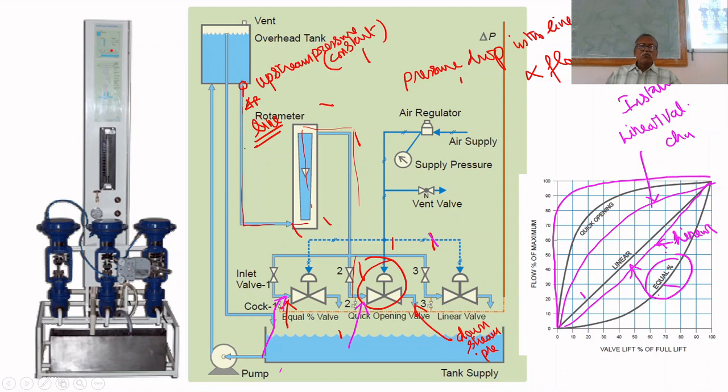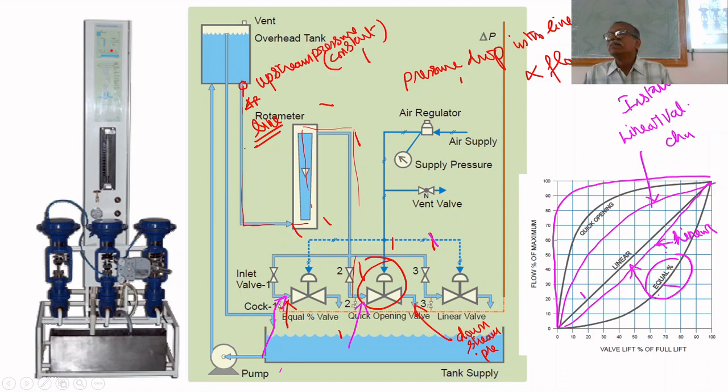So how to obtain inherent characteristics? Inherent characteristics means we have to keep the pressure drop across the valve constant. In this system, we can obtain both inherent and installed characteristics. Installed characteristics you can easily get because you can allow the pressure drop to vary and get the response quickly.